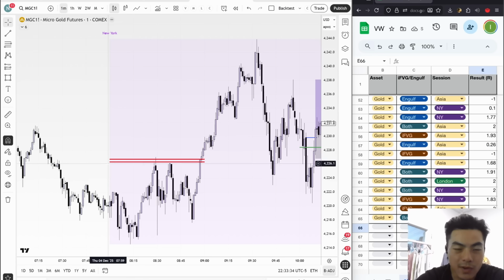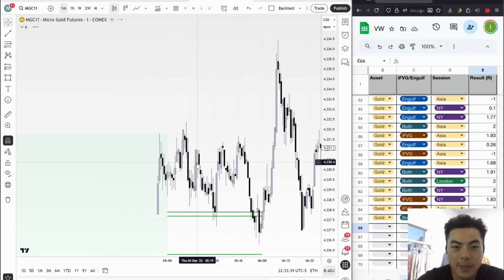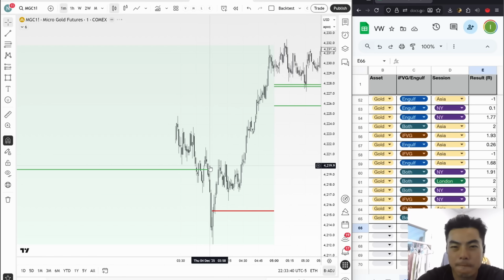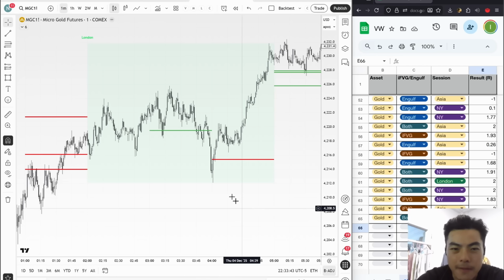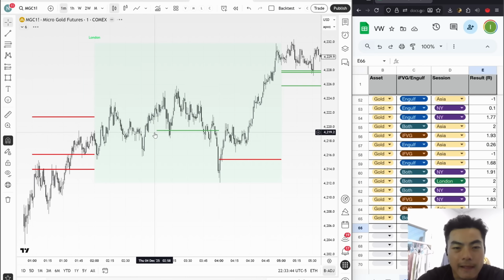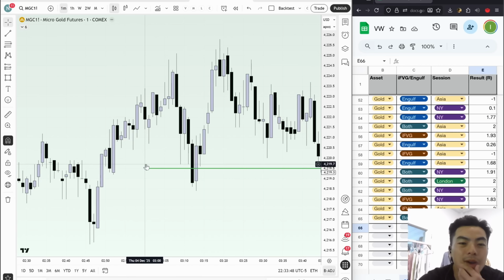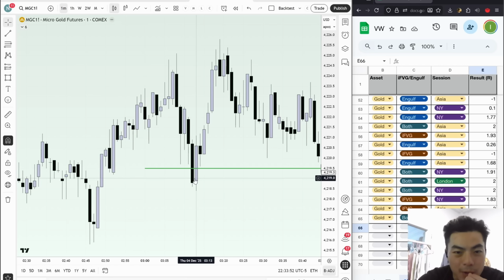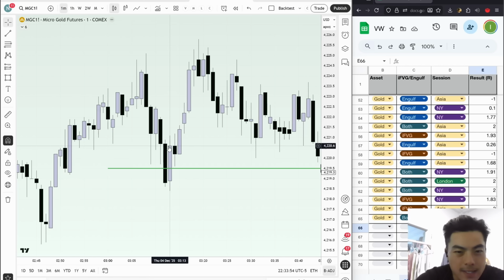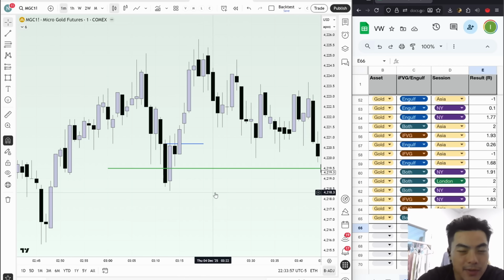This one, we never get a close above these bearish POIs, so no entry there. Nothing there. This bullish POI looks like there's something. So candle opens up here, get a bit of a run up, come back down, close below. This would be our candle to engulf.